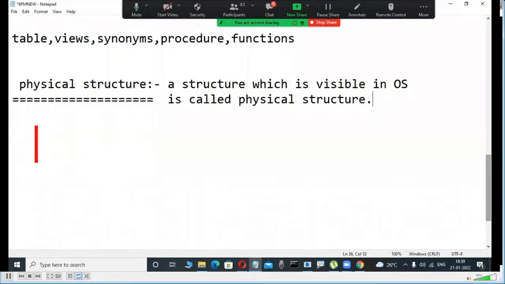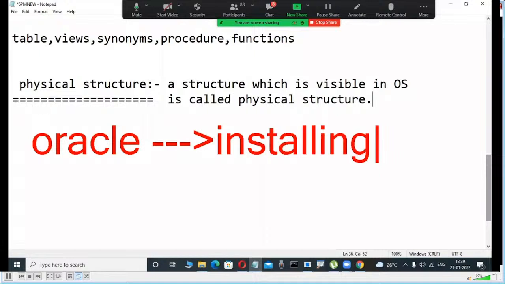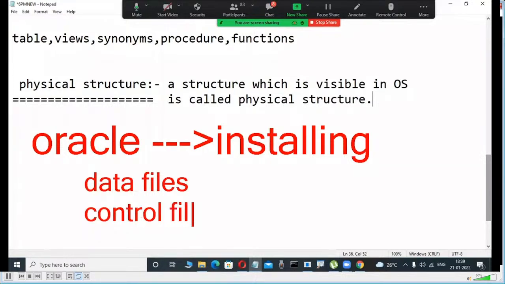Same with Oracle, a relational database software, and MySQL, SQL Server. Whenever I install Oracle, physical files are automatically created: data files, .dbf files, control files, and redo log files.